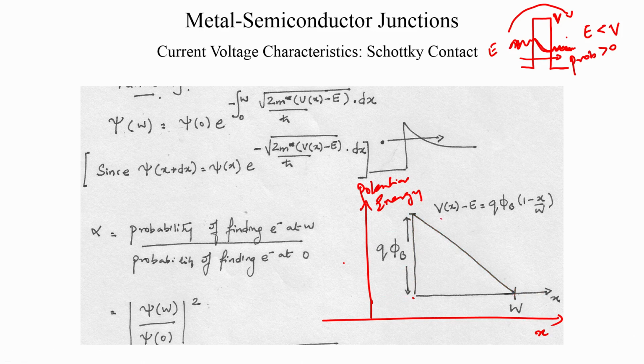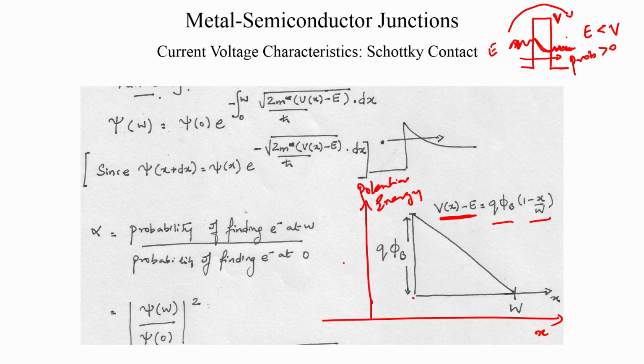All this is offset a bit. So, V(x) minus E is this potential. It is q phi_b times (1 minus x/W). That is defining this line here.